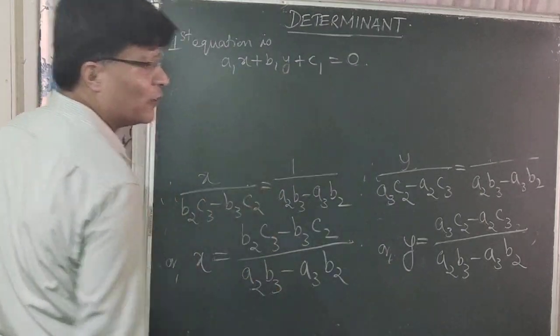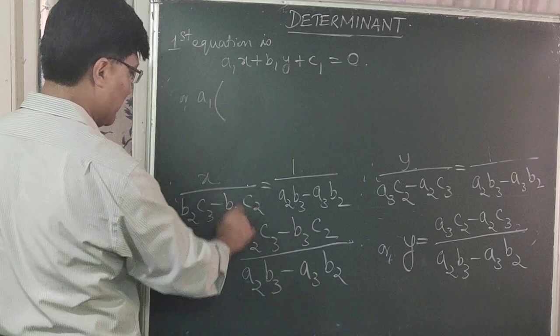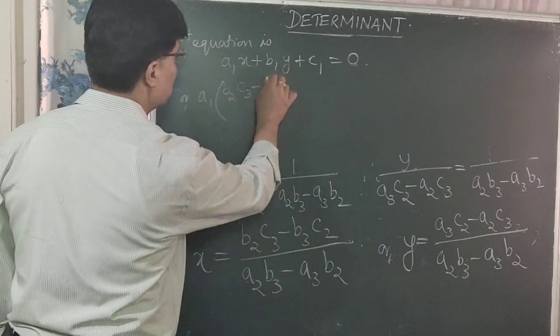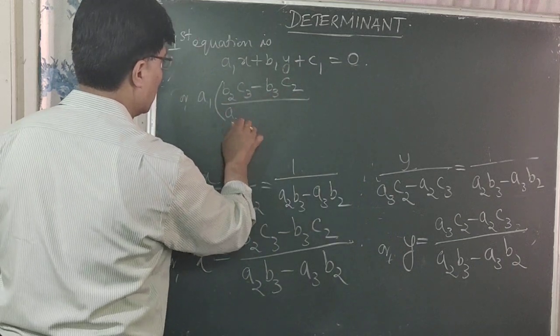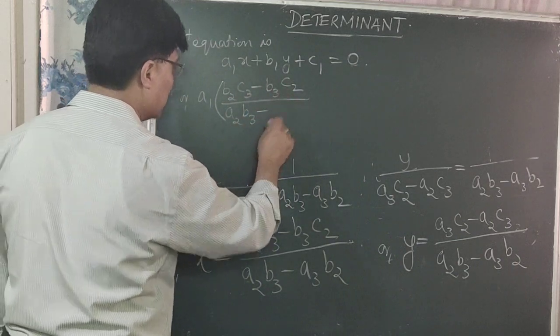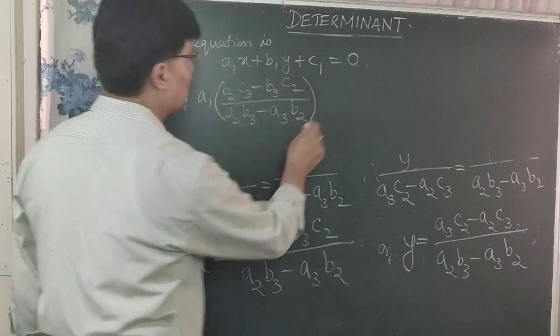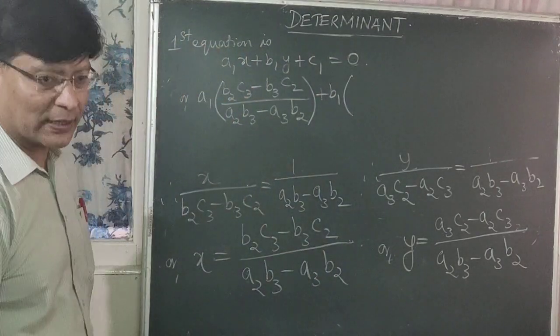So let us put the value for x and y here. A1, what is the value for x? B2C3 minus B3C2 divided by A2B3 minus A3B2, right? Then comes plus B1 within bracket. What is the value for y?